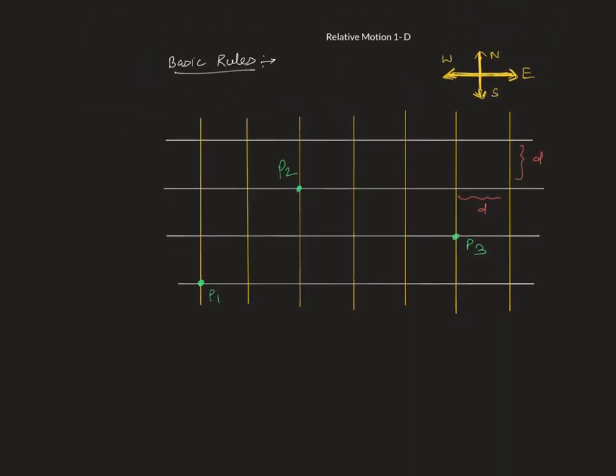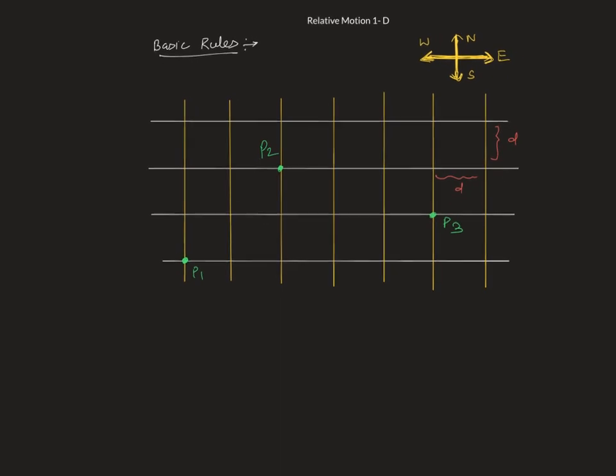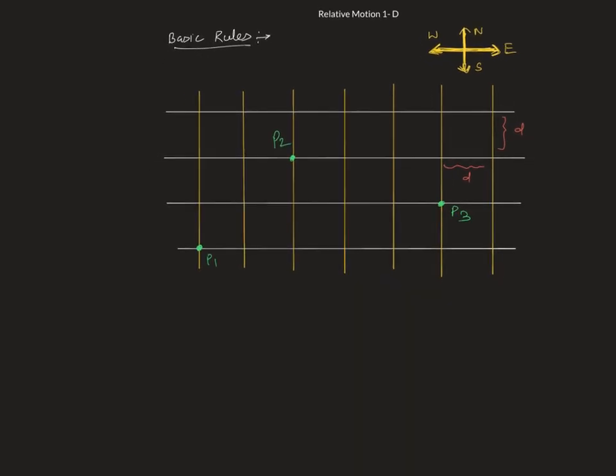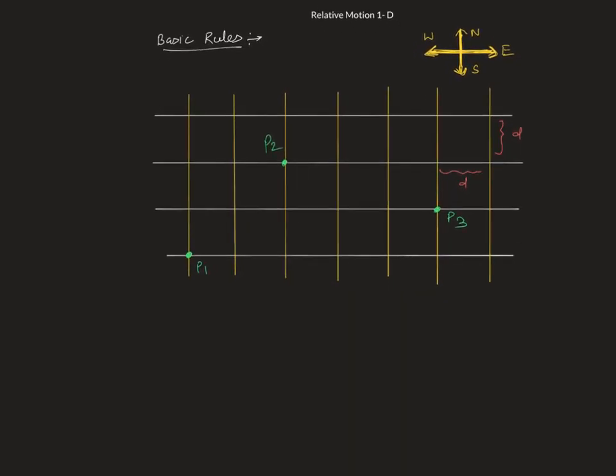Let me shorten this. It asks us, what is the position of P2 as seen by, let's say, P1.